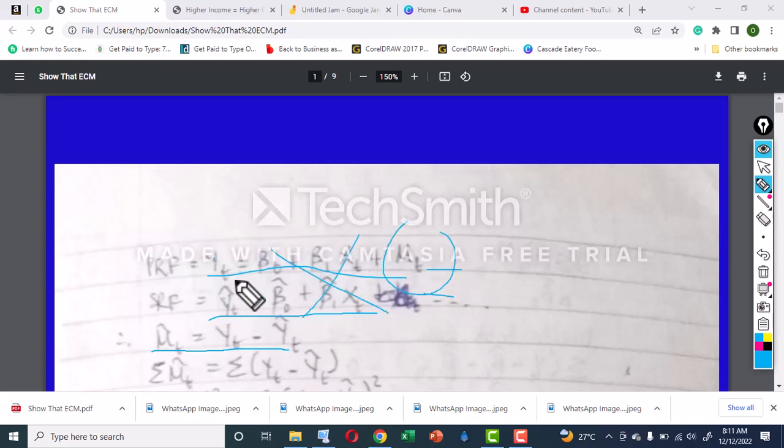So μ̂ will just be equal to Yt minus Ŷt. That's how we got this. So moving further, we now have it as this. Now the definition of OLS simply means sum of squared.